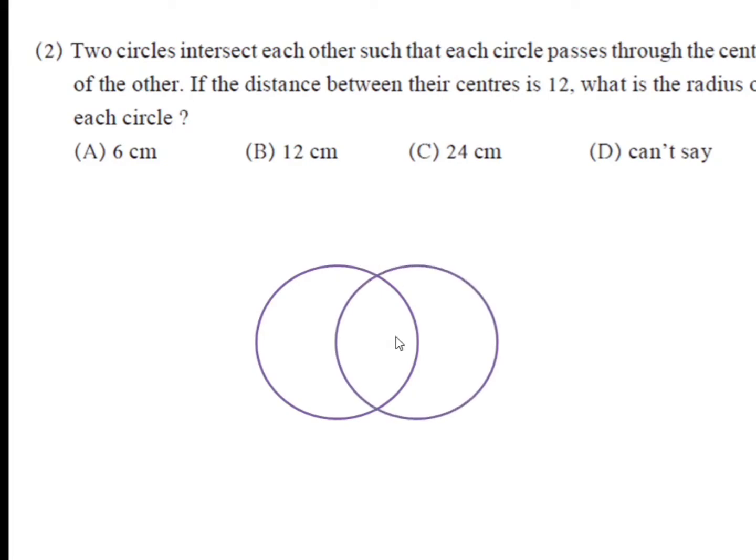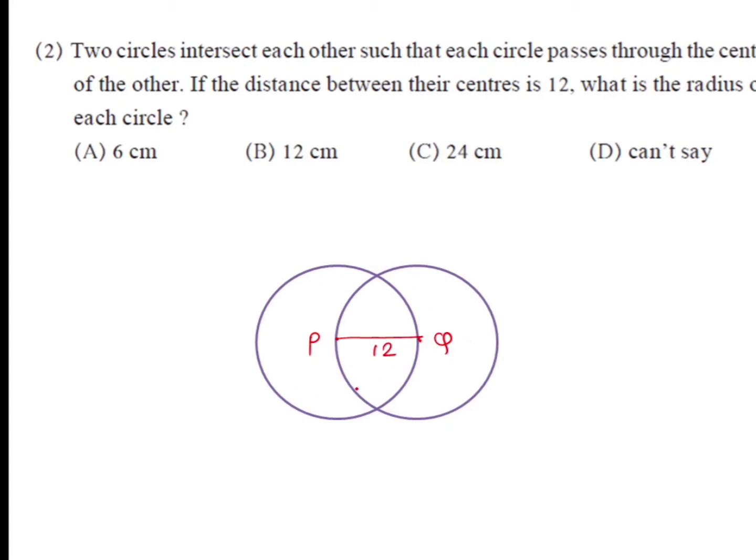Now it is given that these two circles intersect each other such that each passes through the center of the other. So suppose this is the center of the first circle, let it be P, and there is another circle with center Q, and it is given that the distance between these two centers is 12 and we have to find the radius of the circle.